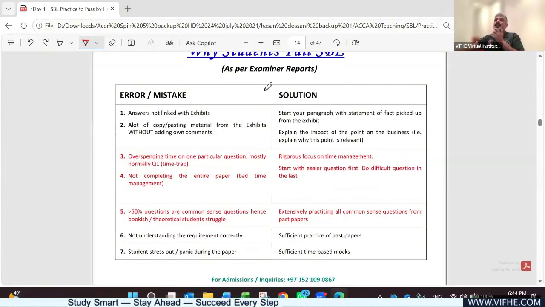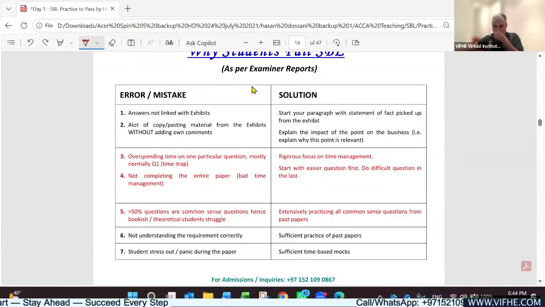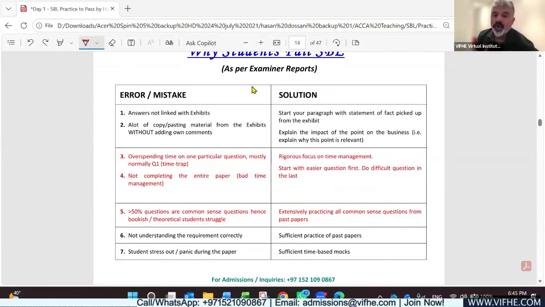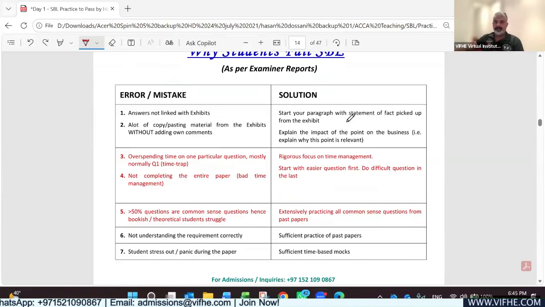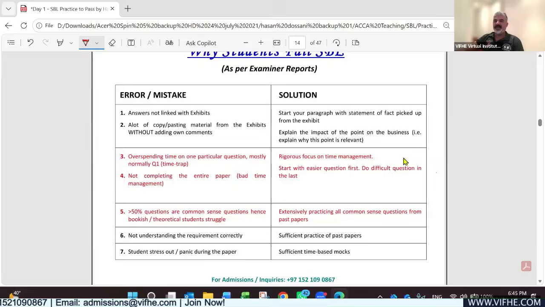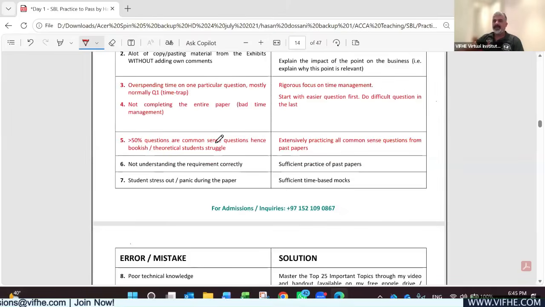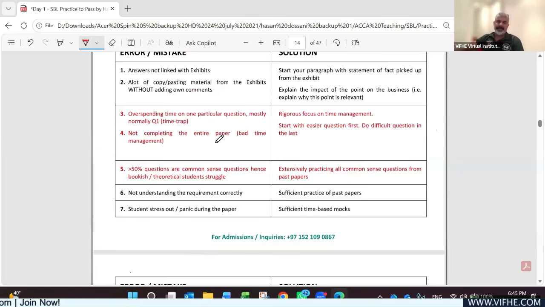Now, why do students fail SBL? Very important question, right? It is very important to know the possible reasons so that you can protect yourself. There are many reasons. I have given a long list, around 12 items, but I will just talk about the main items first.